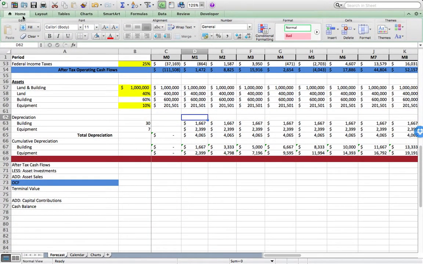All right. At this point, we have basically gone through and built out all of our after-tax operating cash flows. We also have information about the assets that we're going to need. What you're not seeing at this point is anything accrual based, like accounts receivable or accounts payable, because we're working on a purely cash basis.